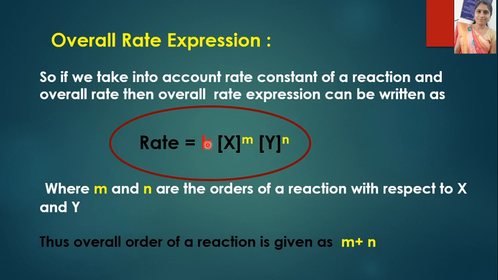K is the rate constant of the reaction. So the overall order of a reaction is given by m plus n, because order is the sum of the powers of reactant concentrations. The power of X is m and the power of Y is n. So the overall order is m plus n.